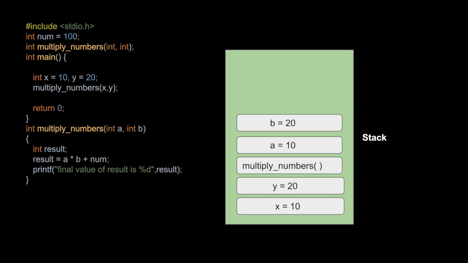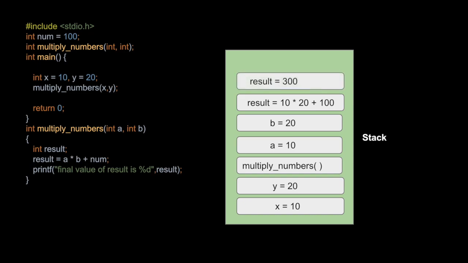After this, the flow of control will shift to this block of code, and the variable result will also get stored inside the stack. After it performs some calculation, the final result will also get stored inside the stack in this order. As you can see, the order of these variables is somewhat similar to a stack of books kept together. So in this way, all these variables will get stored inside the stack.